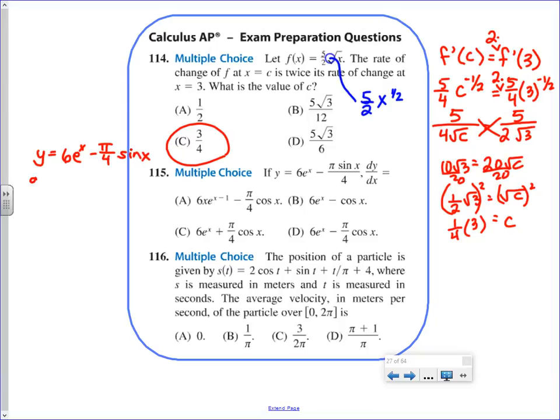And I could say y prime or dy/dx is equal to, uh-oh, it's the rough one, 6e^x. Ooh, I like him. Don't you? And what's the derivative of sine of x? Remember, constant multiple, that chills. Cosine x. Which one's that? Nice. Got it.